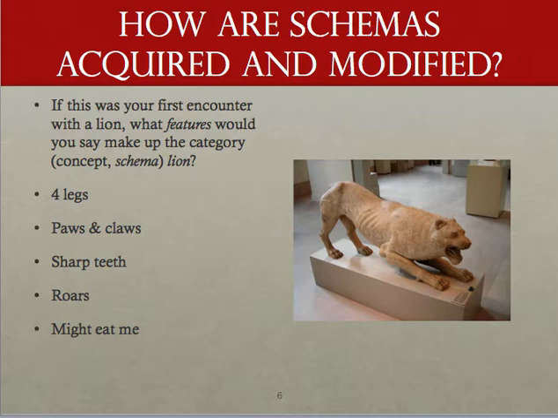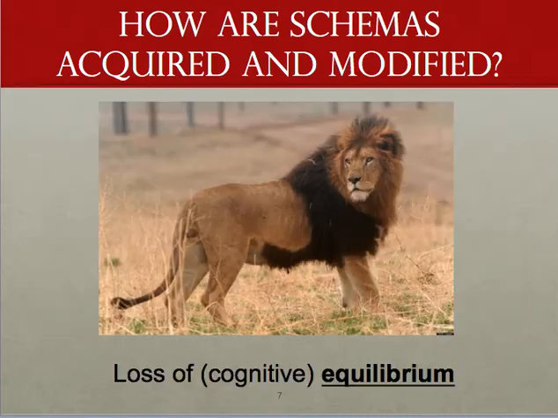For a lion we could propose, based on this one experience, that lions have 4 legs, they have paws and claws, they have sharp teeth, they roar. Maybe they'll eat me if I've seen them eat others, things like that. So this concept or schema of lion is constructed of these associated features.